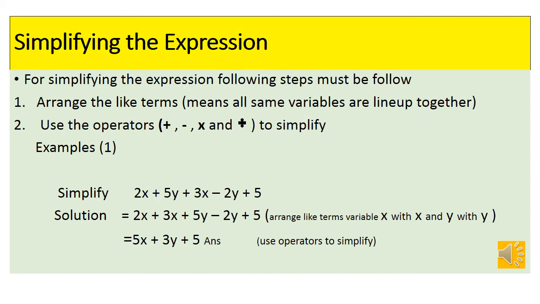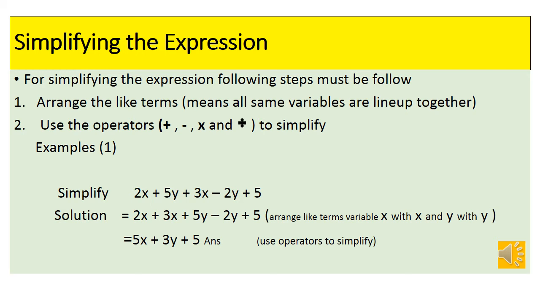In algebra, we simplify and expand expressions and equations. Here we have simplification of expressions. For the simplification of an expression, we need to follow two steps. Number one, arrange the like terms, meaning all the same variables are lined up together, and use the operators plus, minus, multiply and division between them to simplify them.